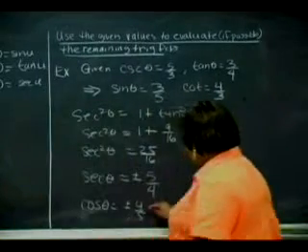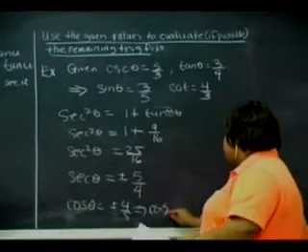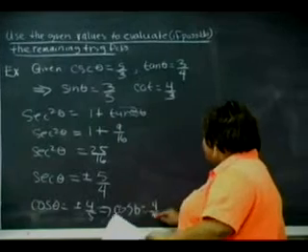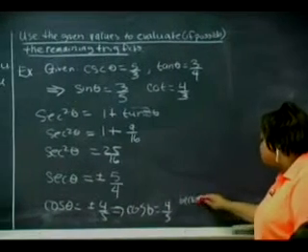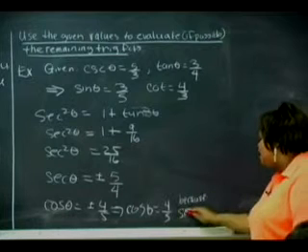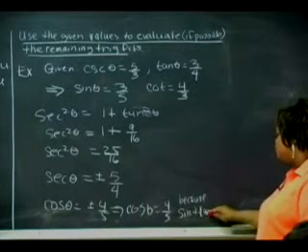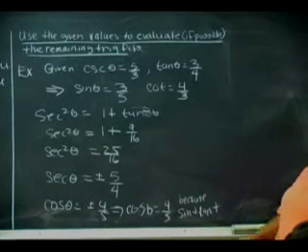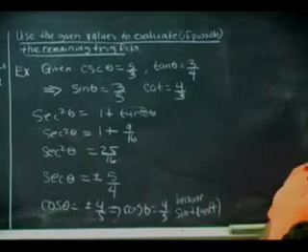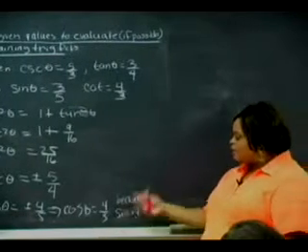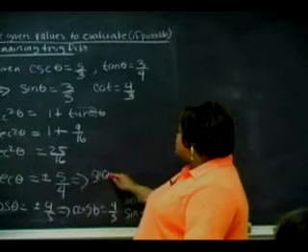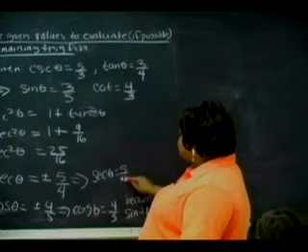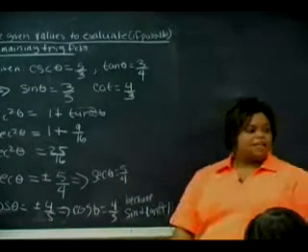So here, this is going to be positive 4/5, because sine and tangent are both positive. And because cosine is positive, its reciprocal function will also be positive.